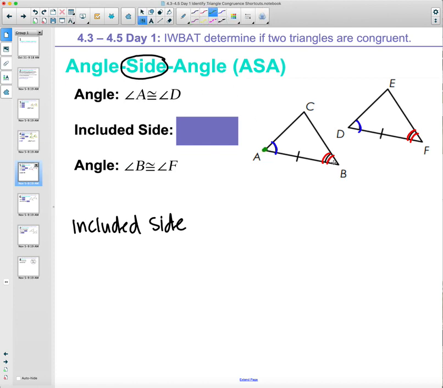So we have this angle and this angle. The side is between those 2. And then same with this one, the side is between them. Unlike if it was a picture like this, if you had this angle and maybe you had this side, that's not the included side. So if we have the 2 angles and the side between them, this is angle, side, angle, or ASA.